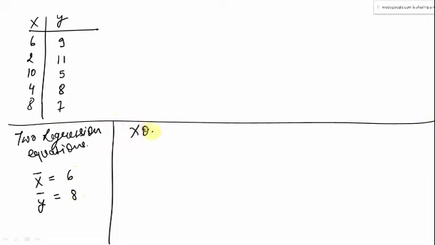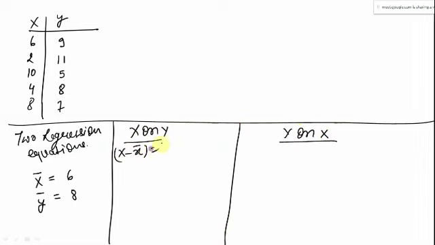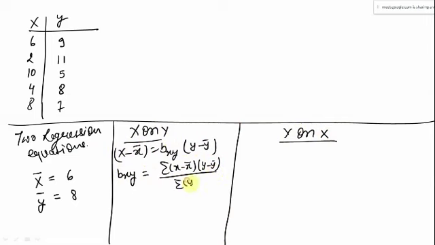We'll be finding x on y equation and we'll be finding y on x equation. X on y equation: x minus x bar is equal to bxy into y minus y bar, for which bxy is equal to summation x minus x bar into y minus y bar divided by summation y minus y bar square.